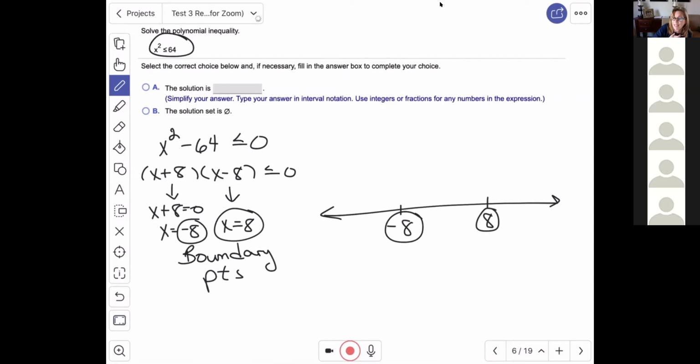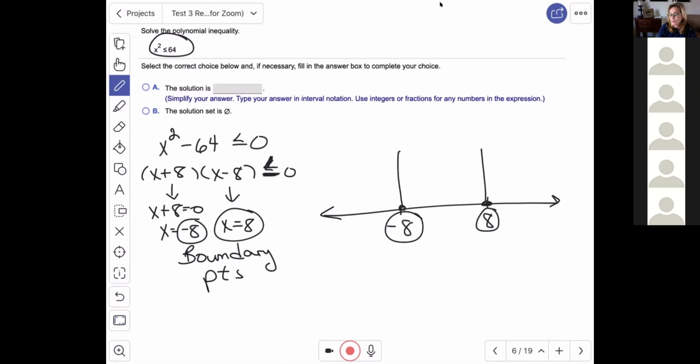So this is where I like to teach it, where you do straight lines and dotted lines. I'm going to draw straight lines to separate the intervals. Once again, the straight lines are because I'm trying to solve less than or equal to. The equal to part means a straight line. If you watch some of the other videos, he uses little closed dots, but that's the exact same thing.